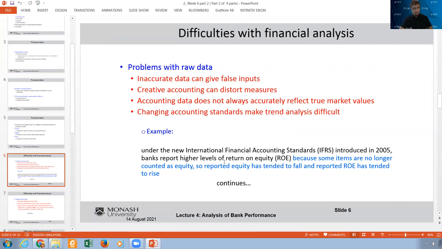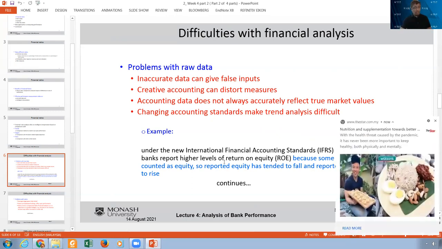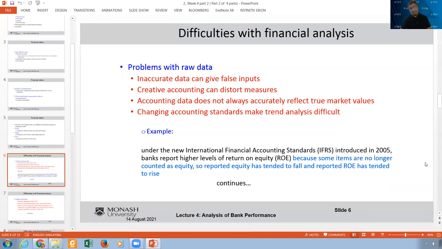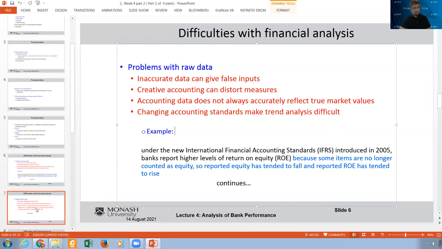So if the equity is high, and you compare the return on equity last year to after the change of the accounting policy, and the equity is now becoming smaller, the return on equity will be higher, and therefore the ratio will be higher. And this is what we say: accounting policies can actually change the interpretation, especially when we are talking about trends.